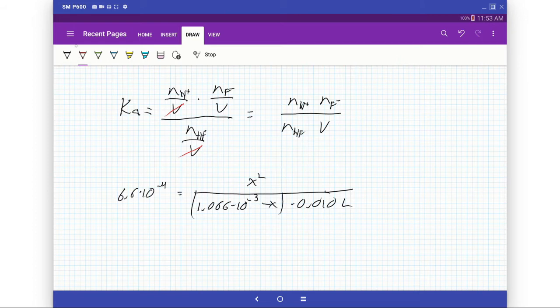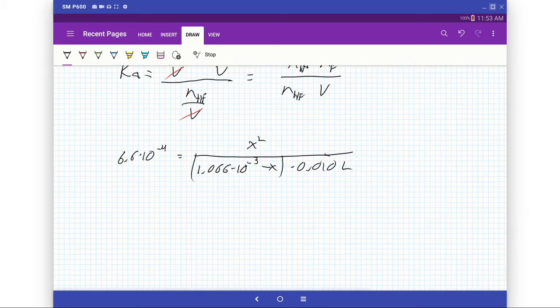To be honest, you could make the assumption that x is negligible, solve it, do the check, and all that sort of fun stuff. You're free to do that, or what I find is that it is easier and faster to not make any approximations, rearrange it such that everything's on one line, and just plug it into solver.